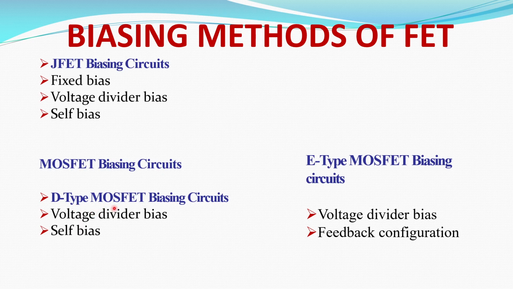In D type, there are voltage divider bias and self bias. And in E type MOSFET biasing, there are two types: voltage divider bias and feedback configuration. So these are the general biasing methods of the FET transistor.